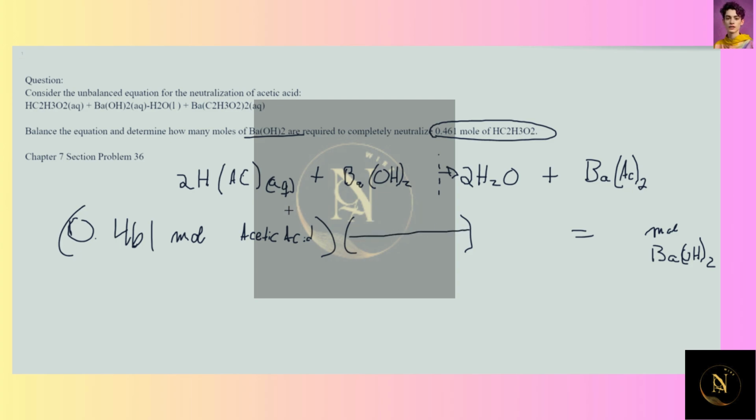If we put acetic acid down here, for every 2 moles of acetic acid, according to our equation, that's going to give us 1 mole of BaOH2.